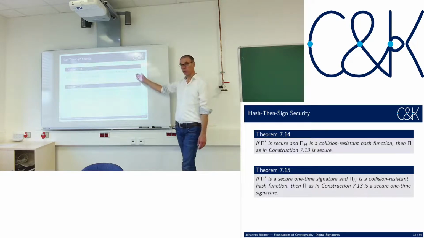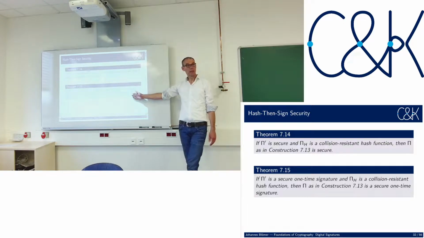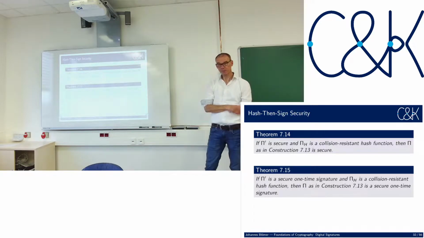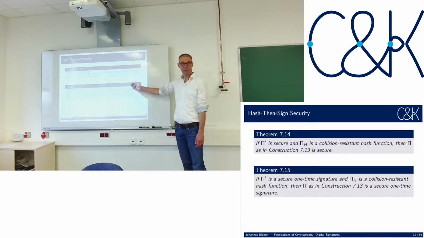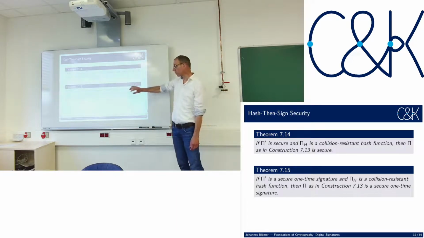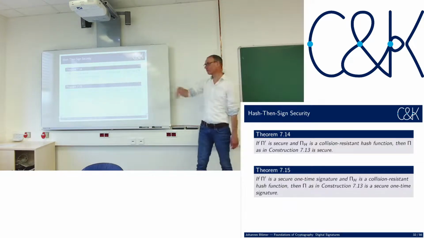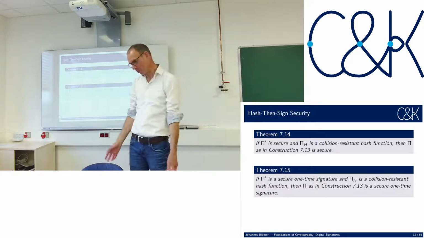So if you start out with something that's secure, hash then sign with a collision resistant hash gives you security. If you only start out with one-time, you at least keep the one-time security. I will only prove the first here. This is basically the same proof with a few restrictions. But then in our subsequent constructions, we use this.